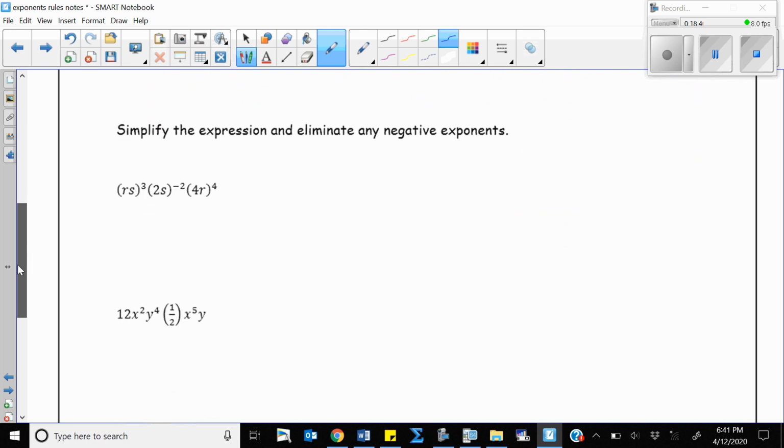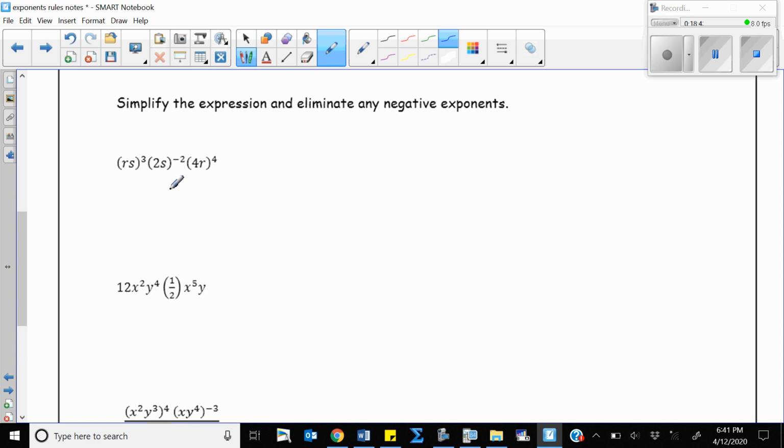Okay, next, I'm going to simplify these expressions. For the first one, I'm going to work on each of these parentheses separately. R times S, to the power of 3. So what I do here, I'm going to raise R to the power of 3 and S to the power of 3. Basically, this power will be distributed to these two terms inside the parentheses.